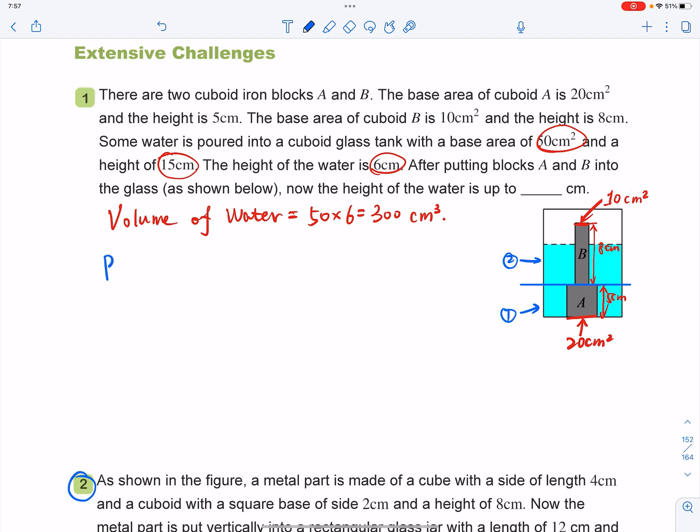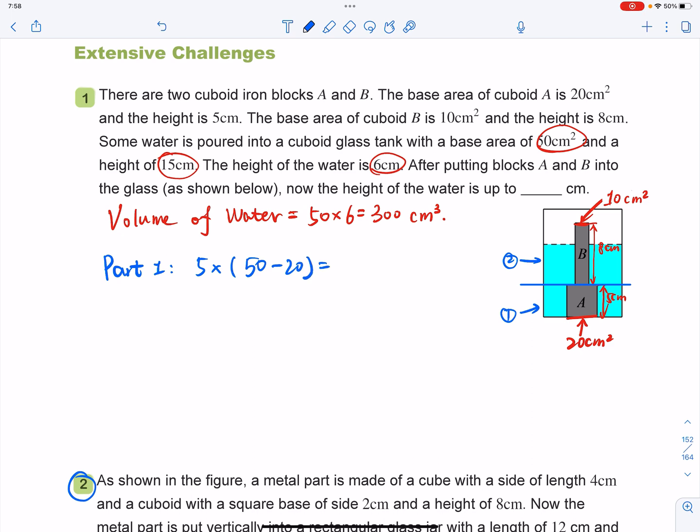So let's say for part 1, the volume of water equals the height of water, which is 5 centimeters, right, times the area of the base of the hollow, and you can use 50, the base of this tank, take away the base area of block A, so you minus 20.